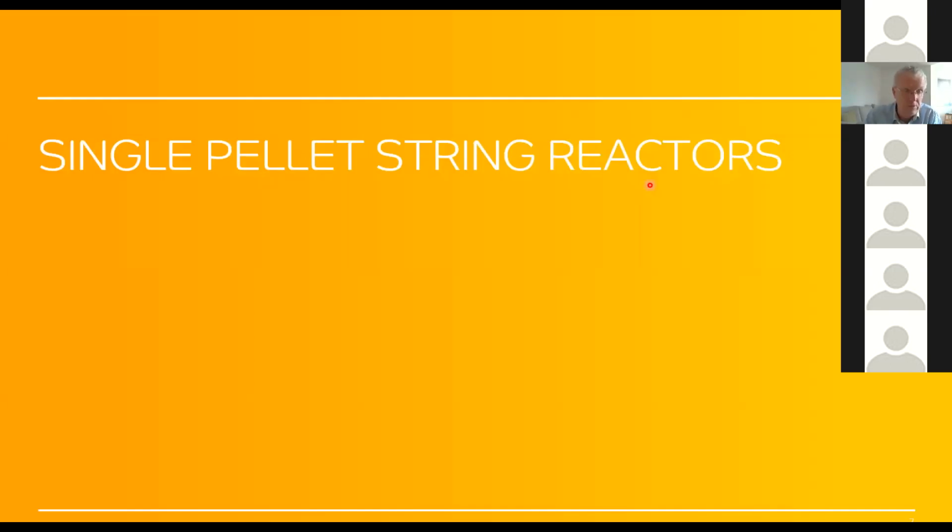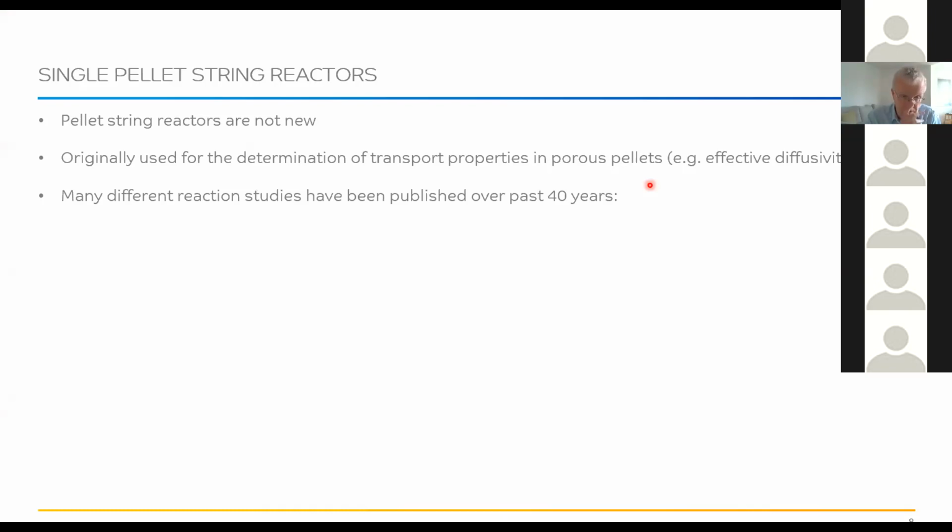What I'm going to try and talk about instead is a different methodology called a single pellet string reactor. And I think the name is fairly explanatory, but I'll illustrate some examples in a few minutes. The first thing to say is these things are not new.